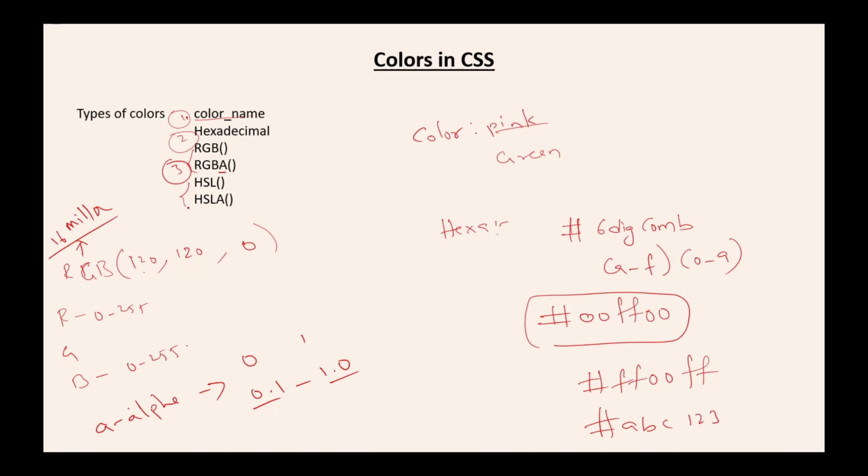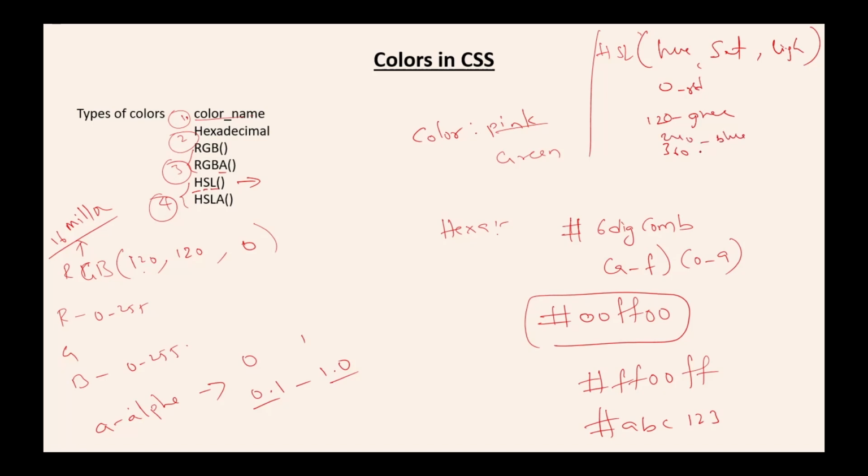The fourth one is the HSL function. HSL is a combination of 3 values: H is for hue, S is for saturation, and L is for lightness. Hue ranges from 0 to 360. 0 represents red, 120 represents green, and 240 would be blue.